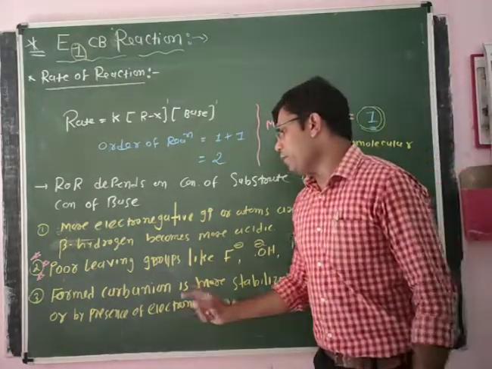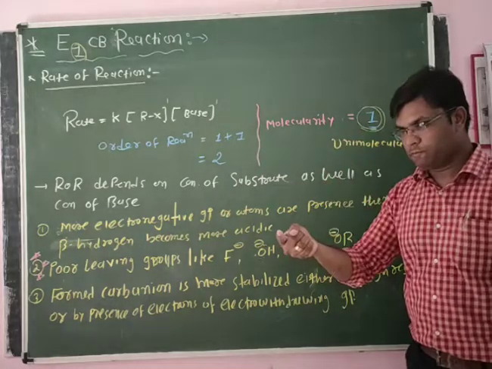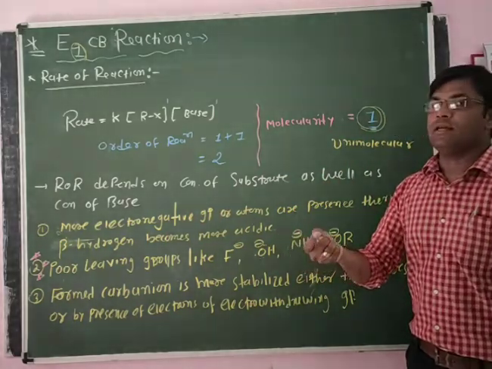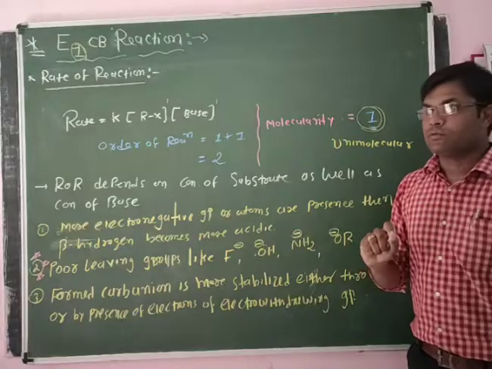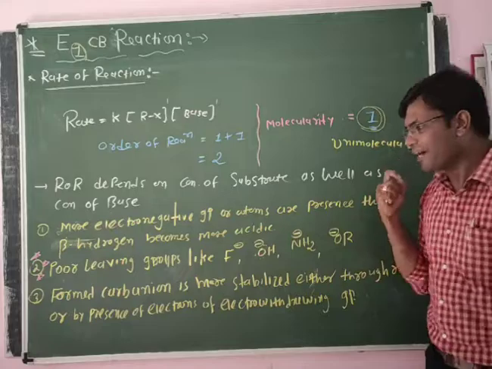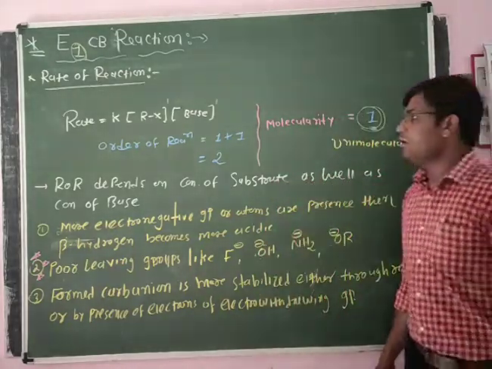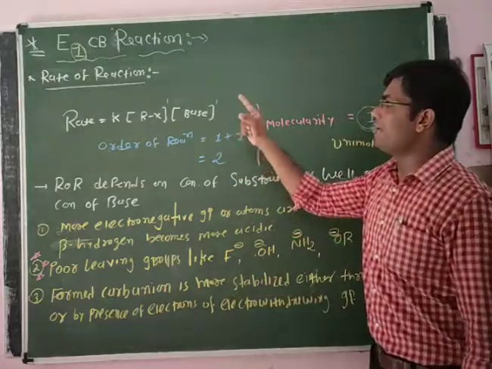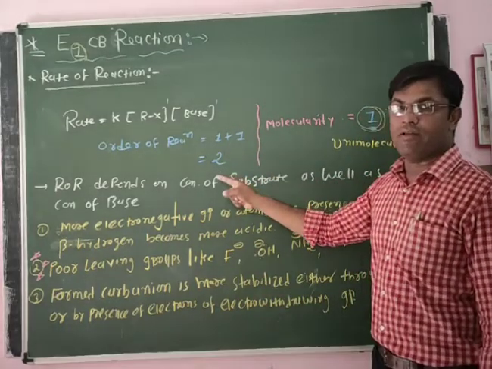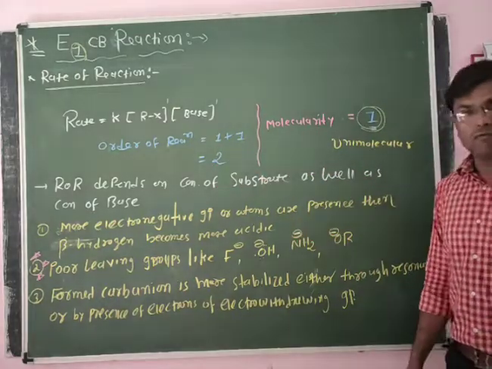And the third important point: the carbanion is further stabilized either by resonance or by the electron pushing-pulling process of electron-withdrawing groups, meaning the inductive effect. So this is the rate of the reaction. Remember very well, this is a second order reaction and molecularity is 1.